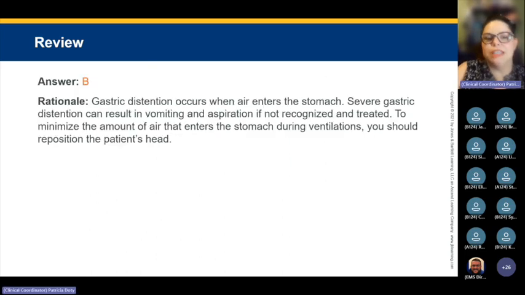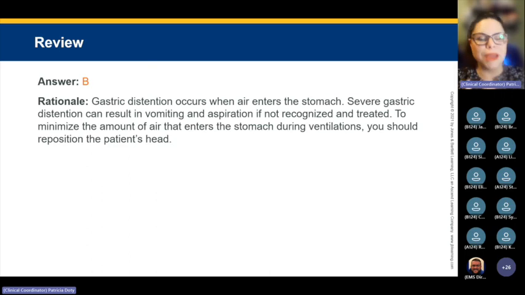The answer is B. Gastric distension does occur when air enters the stomach. Why does the air enter the stomach? How do we handle that situation to minimize the amount of air that enters the stomach through ventilations? We should always reposition the patient's head. Usually that indicates that the tongue has fallen back inside of the mouth, and air's got to go somewhere.